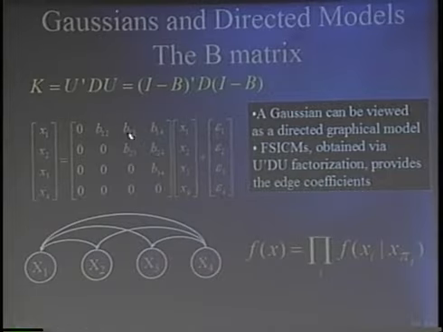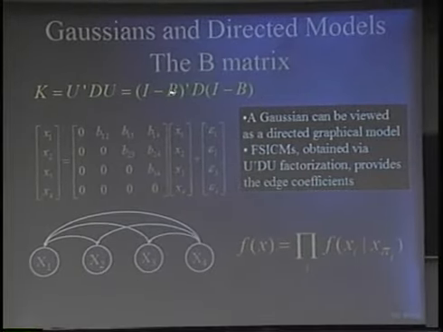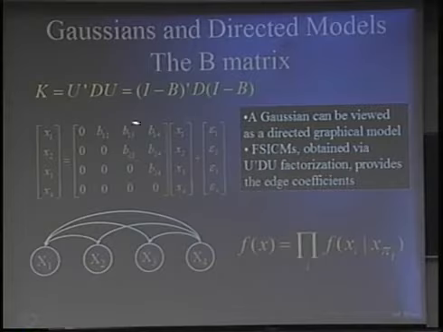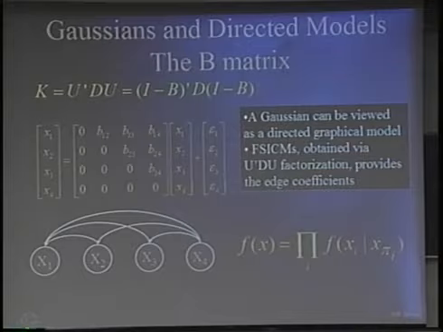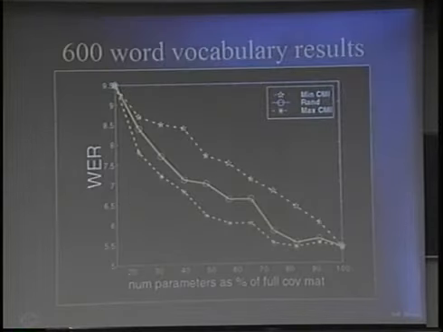And so these are the off-diagonal entries of the U matrix, which are represented by B. And so whenever there's a B coefficient which is 0, you're missing an edge in a Bayesian network representation of that Gaussian. Okay. So the question is, what edges in a Gaussian should you use?